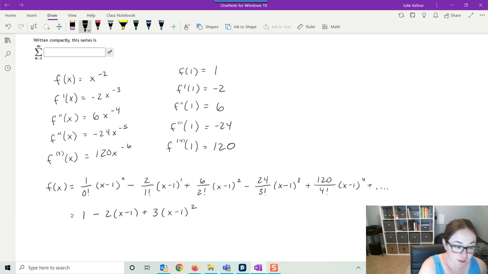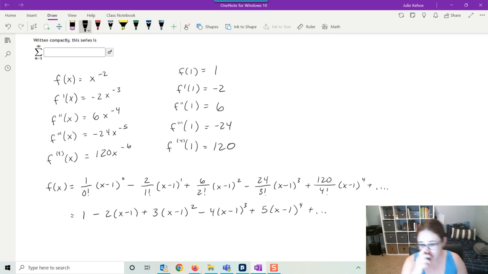And then I'm going to have to start getting on my calculator after a bit, but the next one is going to be minus 4 times x minus 1 to the third, and then plus 5 times x minus 1 to the fourth. Okay, so that wasn't too bad, but we were able to kind of piece together that Taylor series, and we've got the first 5 non-zero terms here. So that answers the first part of the question.